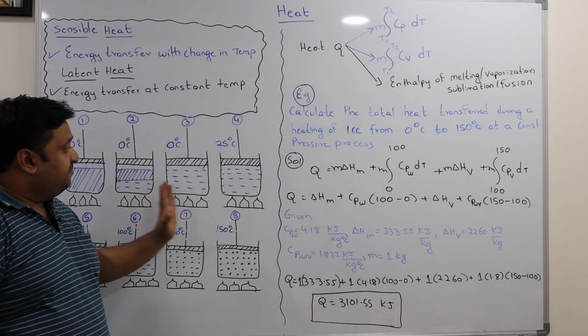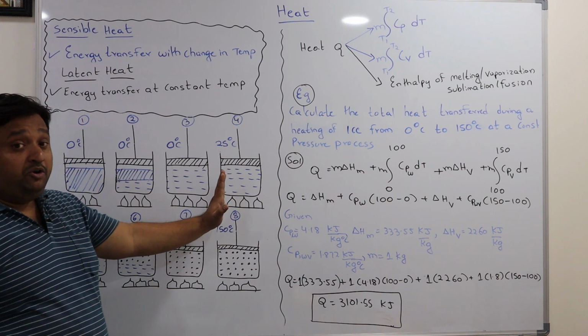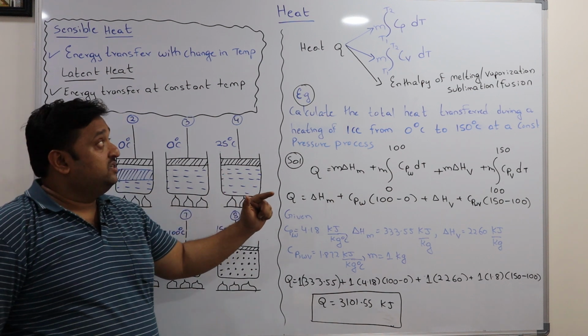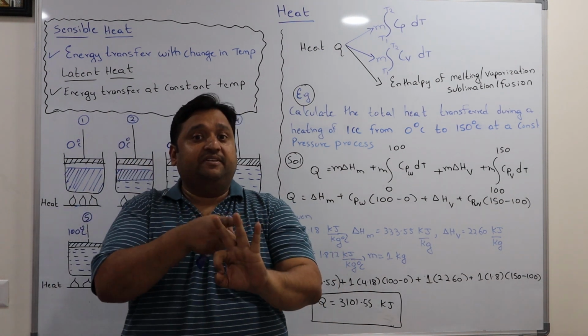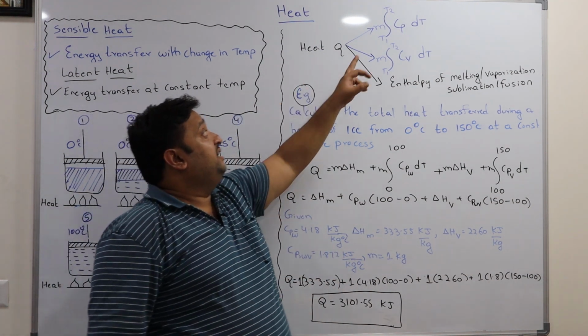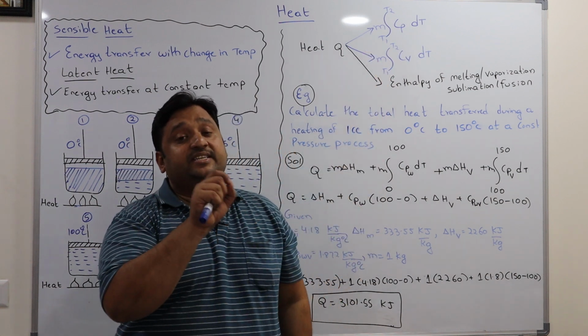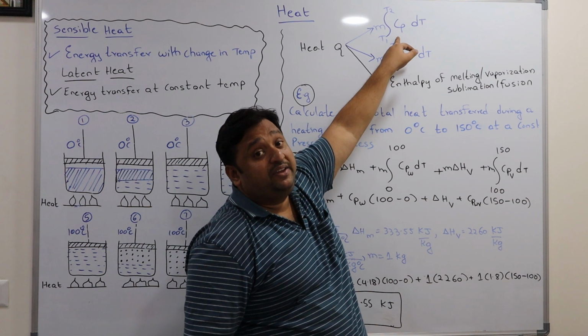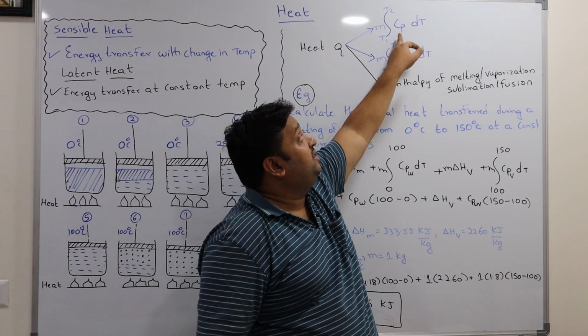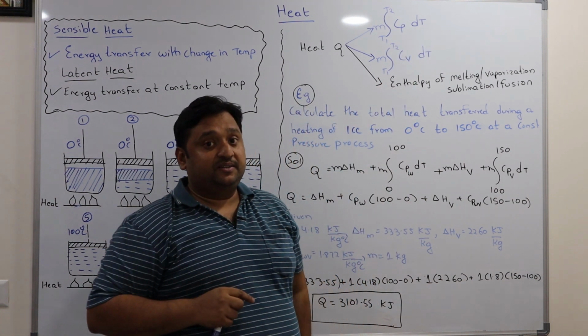Whatever process you want, the heat requirement can be calculated in 3 different ways. One is mCp dT. This is the formula used. m is the mass, Cp is the specific heat capacity at constant pressure, dT is the temperature change.